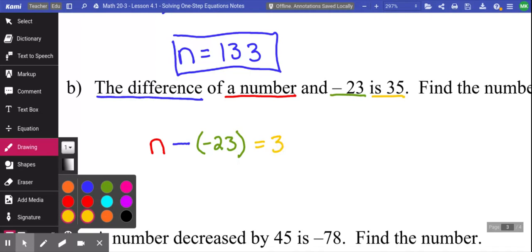So equals 35. That's a hard one to set up. So they said the difference. That tells me it's a subtraction question. Just give me 1 second. The difference of a number and negative 23 is 35.